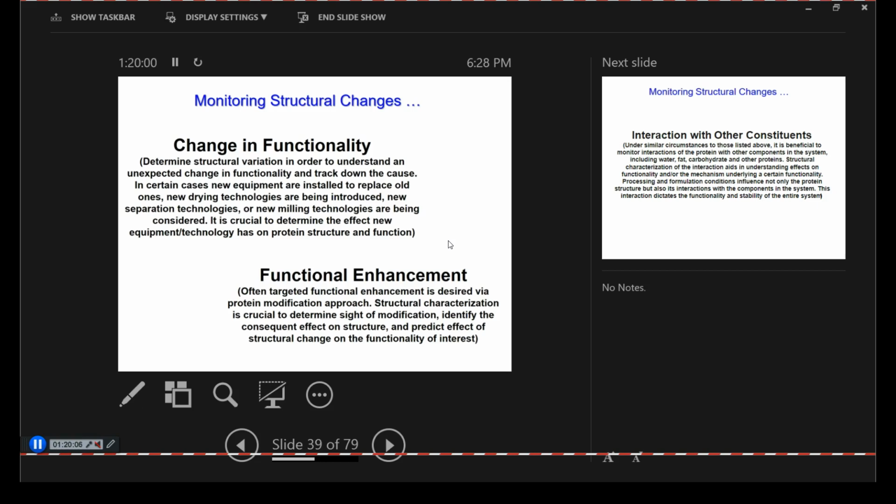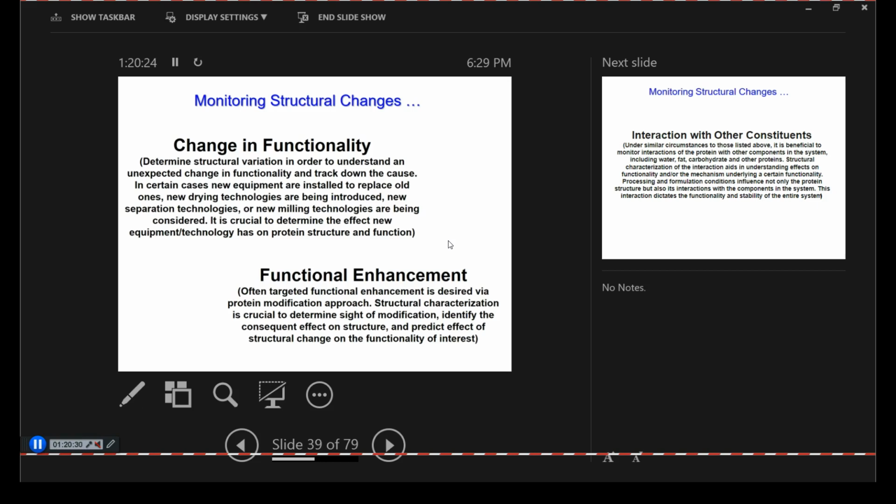So looking at how changes in the production in terms of using different equipment is very important because they really want to maintain structure and function, but sometimes things happen that they have to replace equipment. How would that impact functionality is important by looking at changes in structure.